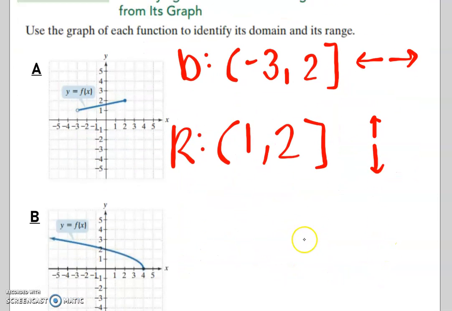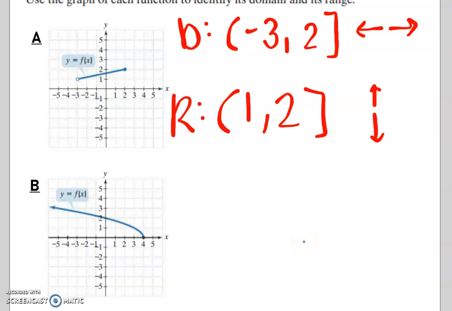Now this B is a little bit trickier, but we can do it. The furthest thing to the left, take a look, is that arrow. That arrow for my domain means it's going forever in that direction. Well, what number is going to be forever in this direction?